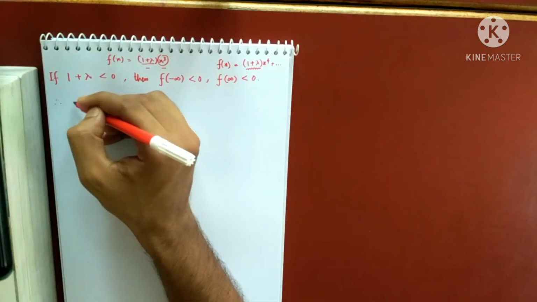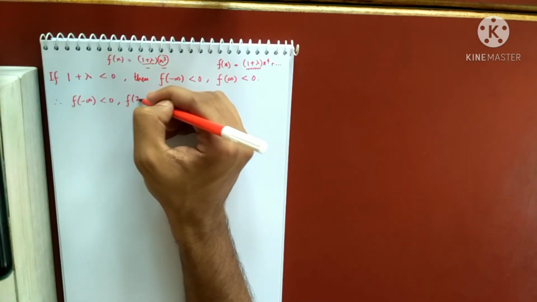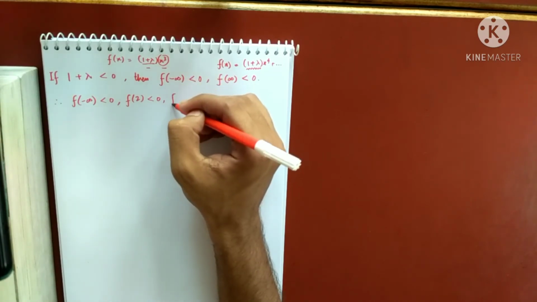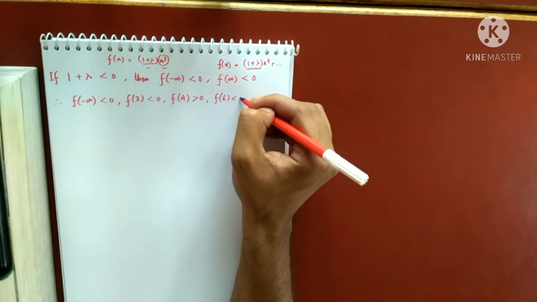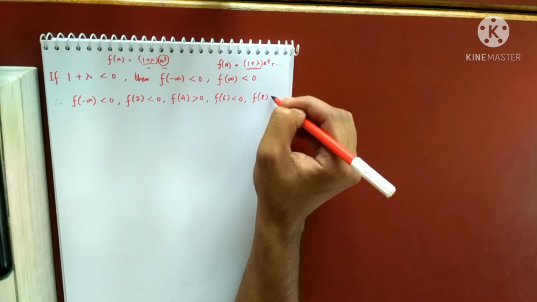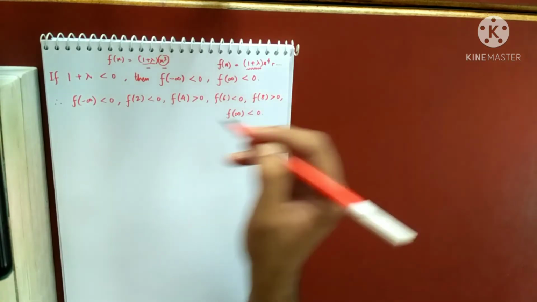So let me write that. Therefore, f of minus infinity is negative, f of 2 was negative, f of 4 was positive, f of 6 was negative, f of 8 is positive, f of infinity is negative.